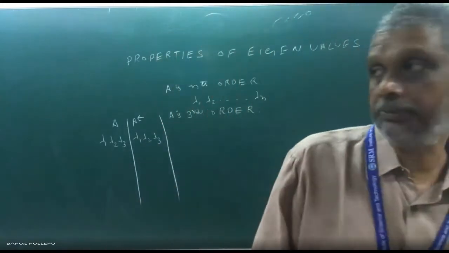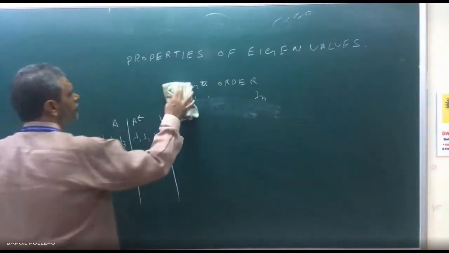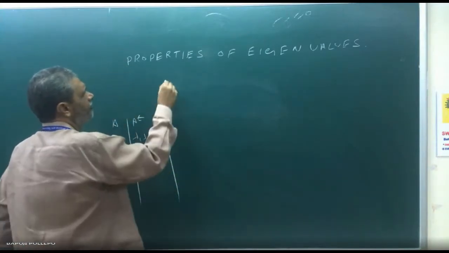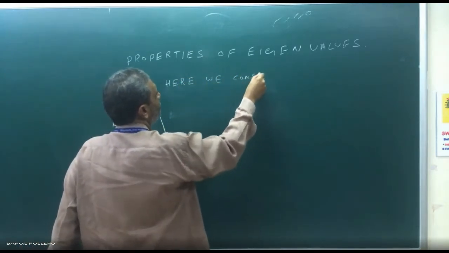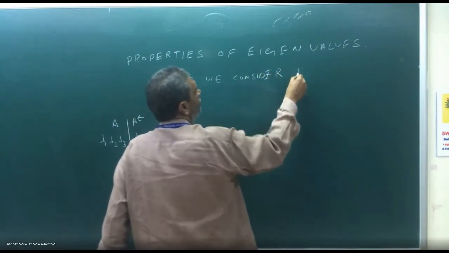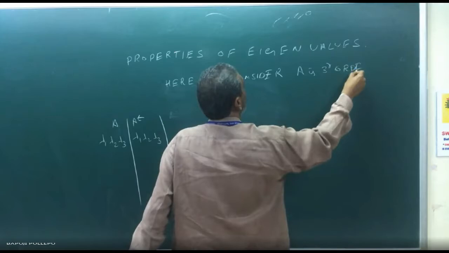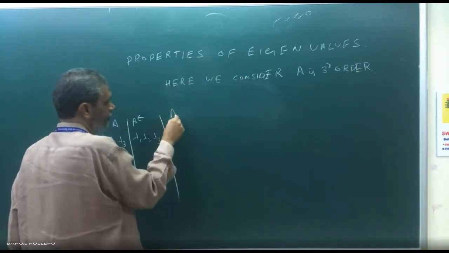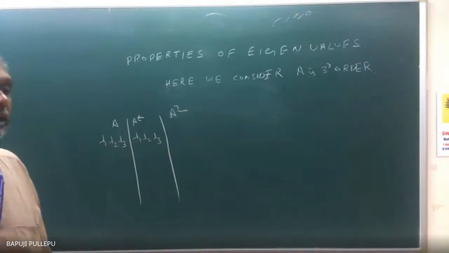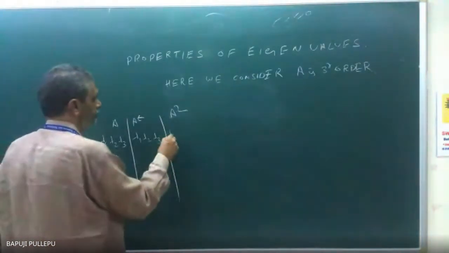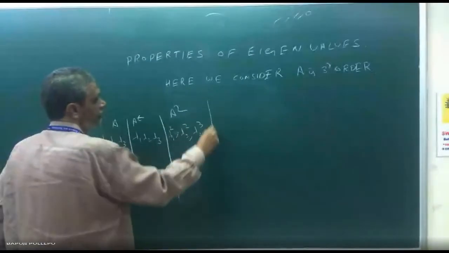Just note all this down. Now, if A has eigenvalues lambda 1, lambda 2, lambda 3, A transpose also has lambda 1, lambda 2, lambda 3, and A square will have lambda 1 square, lambda 2 square, lambda 3 square.